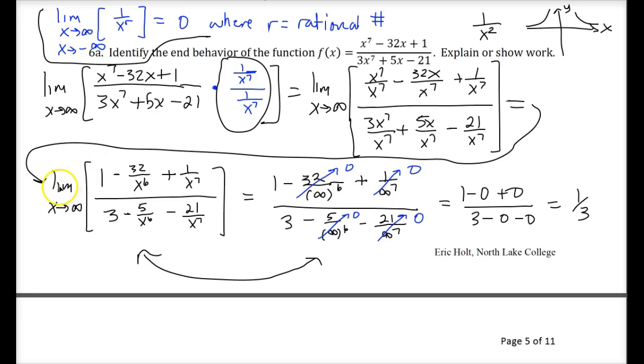And so that is why here I'm plugging in infinities everywhere where I see x. And then I know that any number divided by an infinite number is always going to approach 0. And so that's what this theorem is saying here. So that's why you see all 4 of these terms reduced to 0. And of course, all we have left that's not 0 is 1 in the numerator, 3 in the denominator. And that's how we get 1/3 as the answer here.